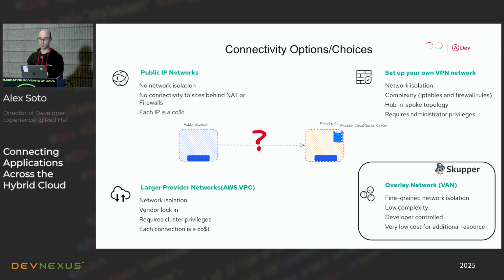It's developer controlled, so it's the developer who does all these things, and it's very low cost, you don't need to pay anything. And what is even more important is that you do not need administrator privileges. This means no more complex IP tables, firewalls, nothing.